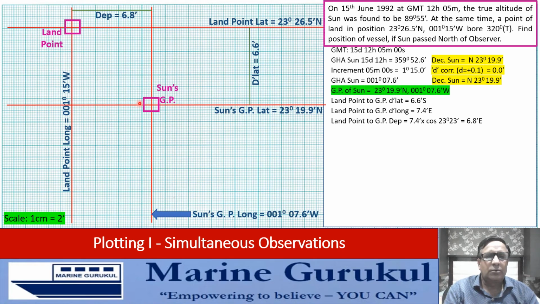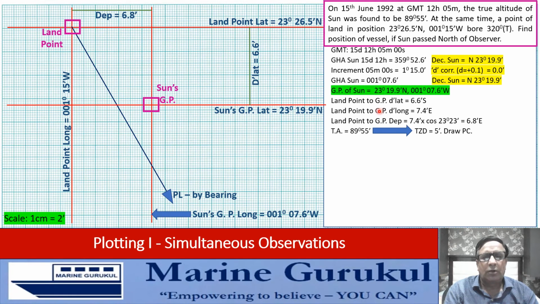Now we come to plotting of the PL and PC. This is where we have the PL by bearing. This land point is bearing 320 degrees, so this becomes a PL of the vessel. We also know that the true altitude is 89 degrees 55 minutes. So TZD is only 5 minutes, which becomes the radius; 5 miles becomes the radius of the circle.